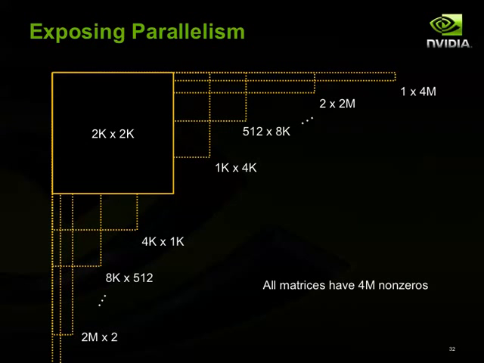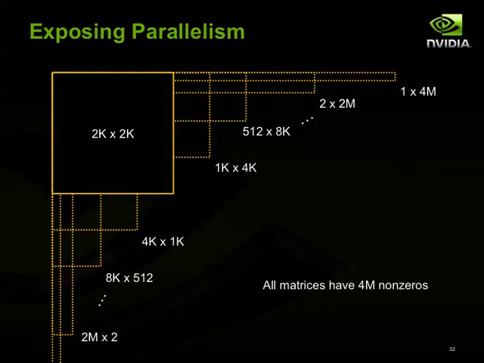So an interesting benchmark you can do is to say, let's have a matrix and let's change the size. Let's start with a 2,000 by 2,000 matrix, and we're going to just use a dense matrix. So we're going to store a dense matrix in various sparse formats. And let's change the shape. We're going to go all the way from a 1 by 4 million matrix all the way to a 4 million by 1 matrix, and look at all the different matrices in between.